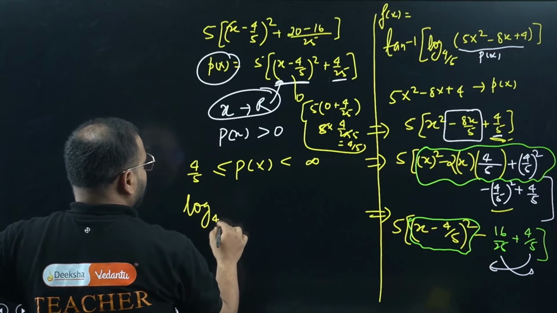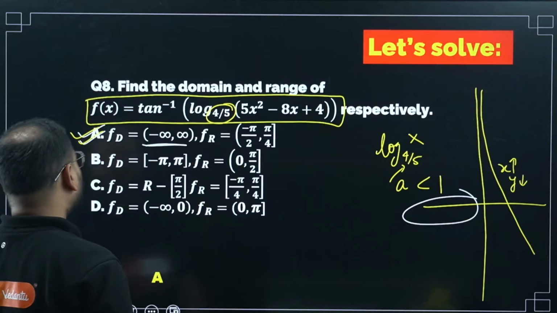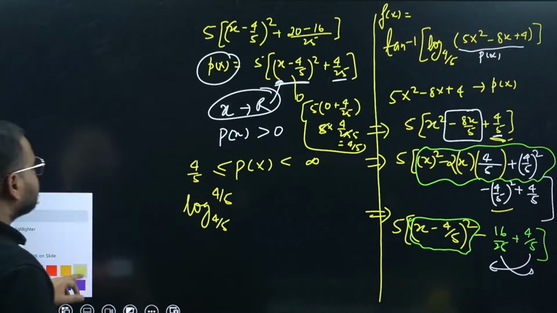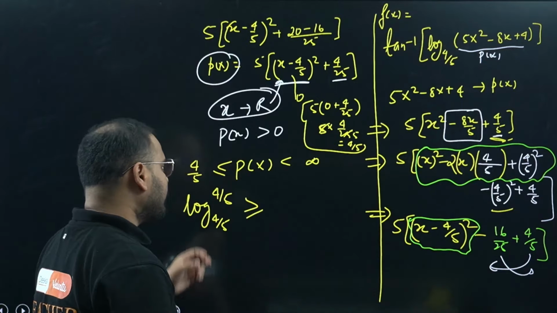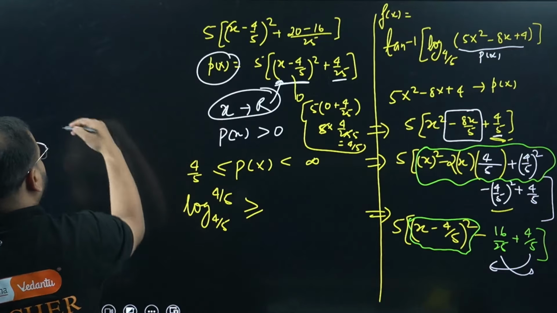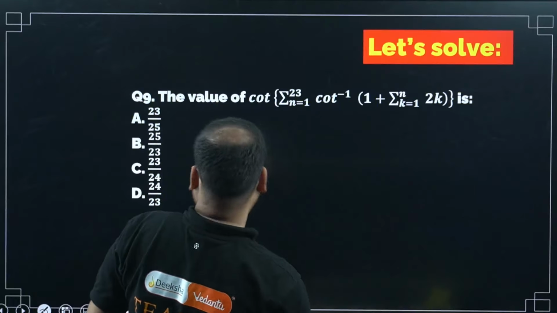Apply log on both sides. So log with what base? Base 4 by 5. Why that, sir? Because they've given the question with log of base 4 by 5. Okay. So the less than sign will become what? Greater than, sir. Because the function is decreasing in nature.